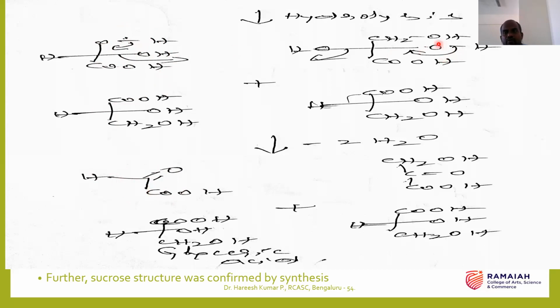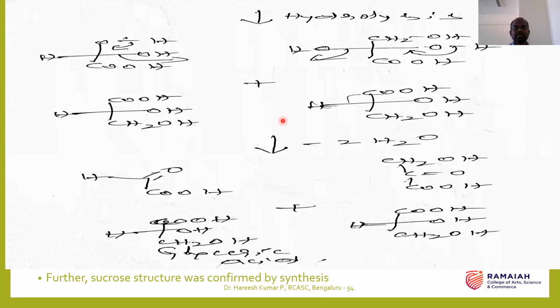Then removal of water from this moiety also, OH goes out as a water molecule, and it is converted into hydroxypyruvate. If in place of OH there is an H, it is called pyruvate. Since it contains hydroxy, we call this hydroxypyruvate. And these two units are the glycerol moiety.